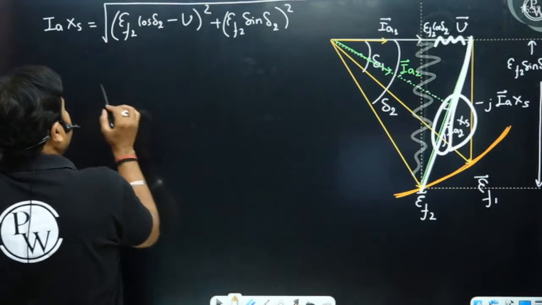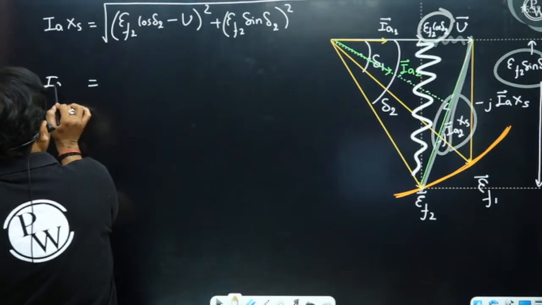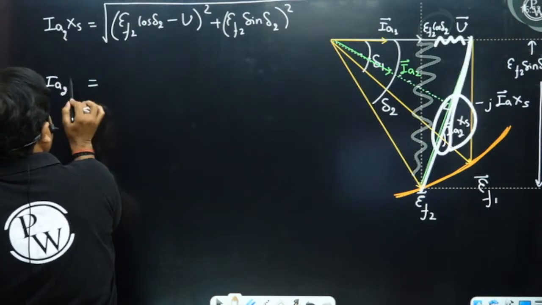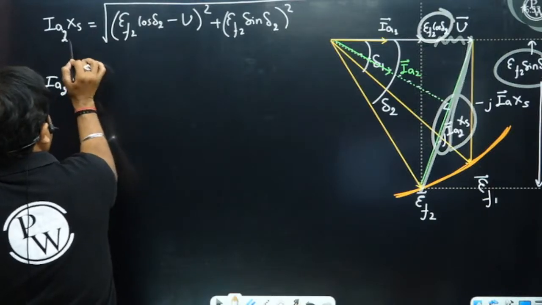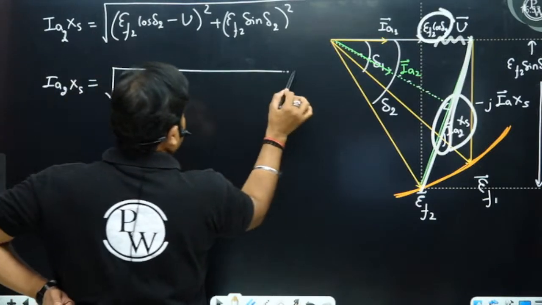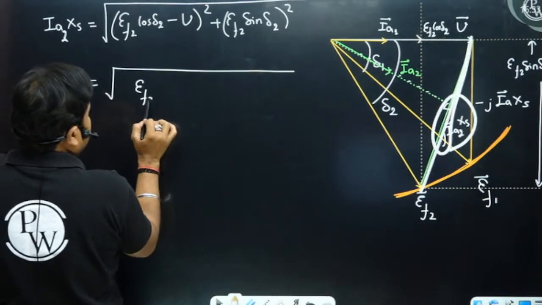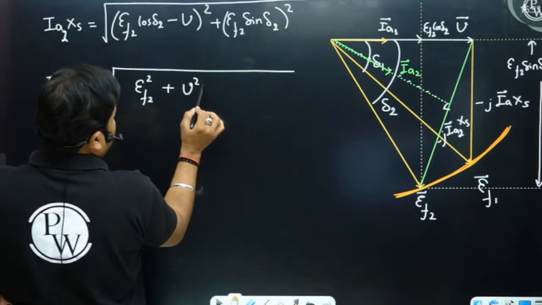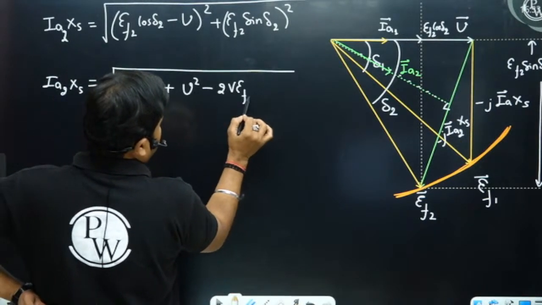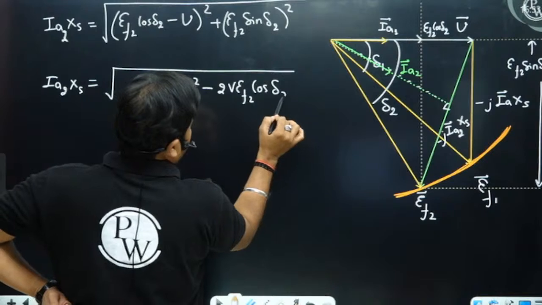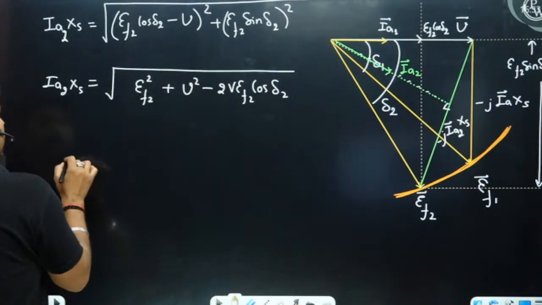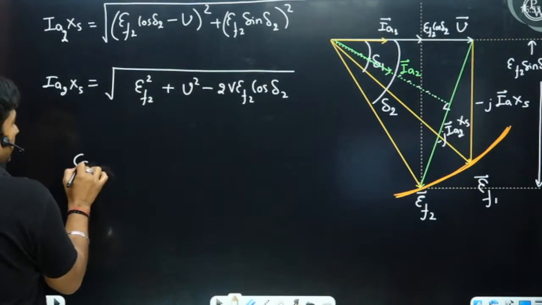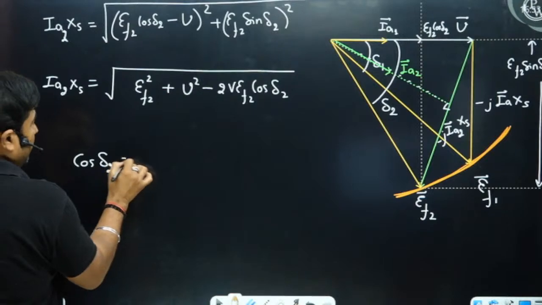IA2 Xs will become equal to root over of, when you open this, EF2 square plus V square minus 2 V EF2 cos delta 2. Yes, sir. From here you can calculate cos delta 2.